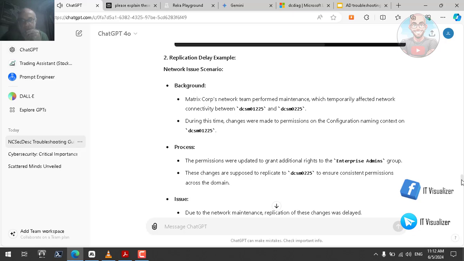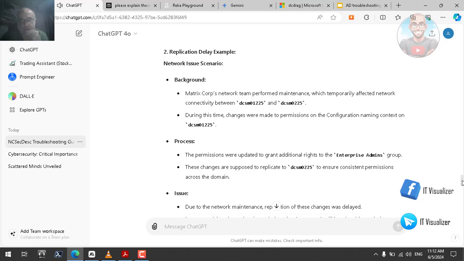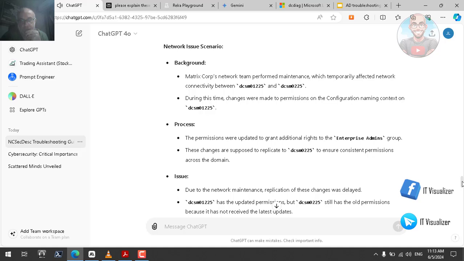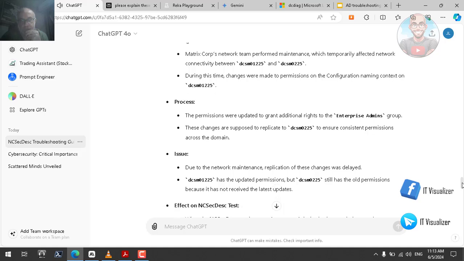These changes are supposed to replicate to DCSM0225 to ensure consistent permissions across the domain. Issue. Due to the network maintenance, replication of these changes was delayed. DCSM01225 has the updated permissions, but DCSM0225 still has the old permissions because it has not received the latest updates.